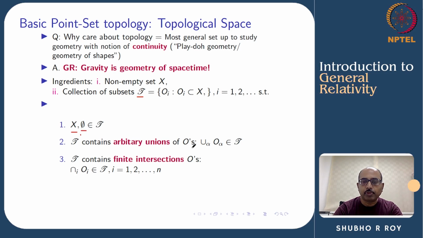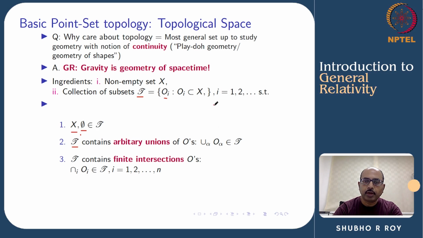Arbitrary unions of subsets which are included in script T must also be included in script T, and finite intersections of O's must also be included in script T. If you take an arbitrary number of sets contained in this collection, their union is also contained, and a finite number of intersections are also contained. Please keep that in mind. We allow for arbitrary unions, but finite intersections.